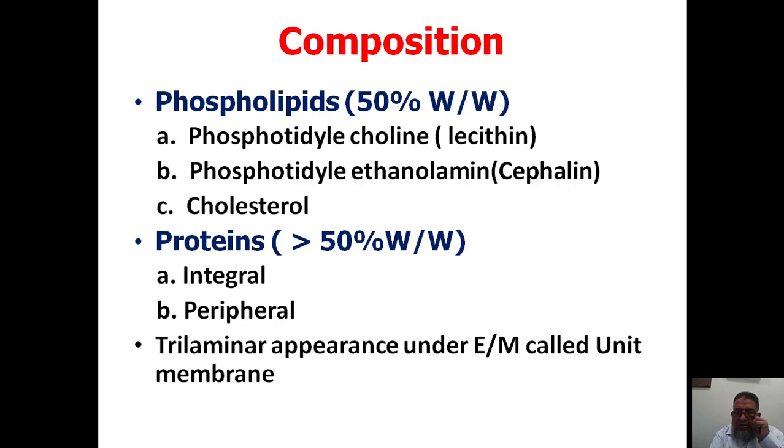The trilaminar appearance under the electron microscope is called a unit membrane. The proteins are of two types: integral and peripheral. Peripheral means attached either from the external side or from the internal side. The integral proteins are embedded within the cell membrane, either through and through or within it. The trilaminar appearance is due to the double layer of phospholipid with protein sandwiched, so it is called a unit membrane.